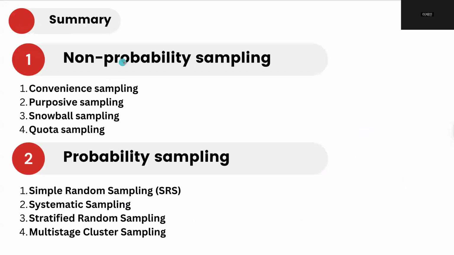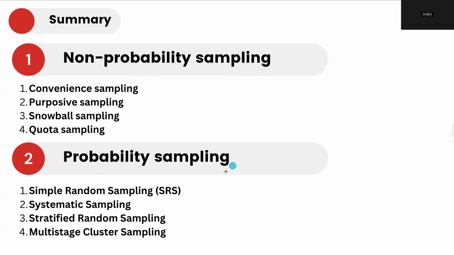All right, so there were two major types of sampling, non-probability sampling and probability sampling. Usually non-probability sampling methods are easier, less time consuming, and budget friendly, but they carry more risk of selection bias compared with probability sampling.